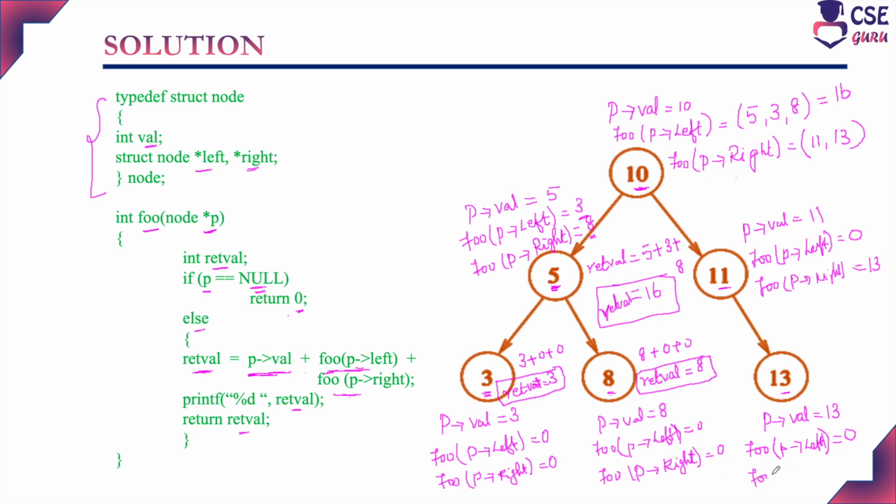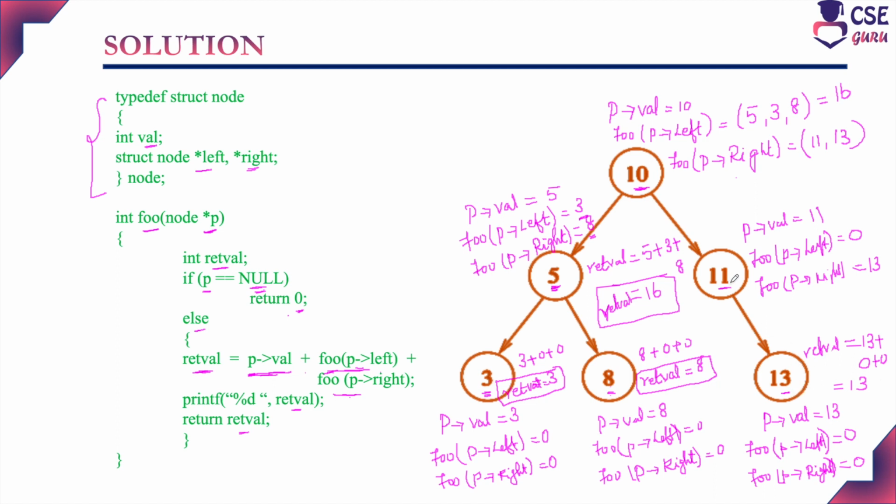Similarly, for P of right for the node 13, that value is also 0. So what is the return value for this node? Return value is 13 plus 0 plus 0, so we will get it as 13 only. So the return value for this node is 13.